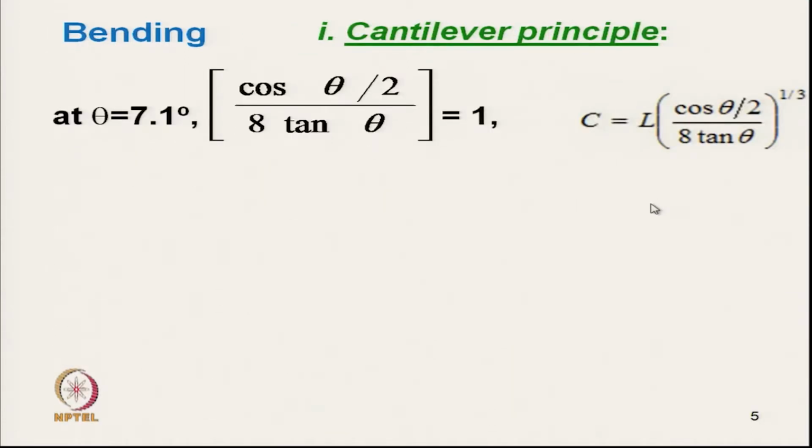And from this empirical formula, for theta equal to 7.1 degrees, the right hand side parameter becomes 1, which means that the overhanging length is equal to the bending length for theta equal to 7.1 degrees.